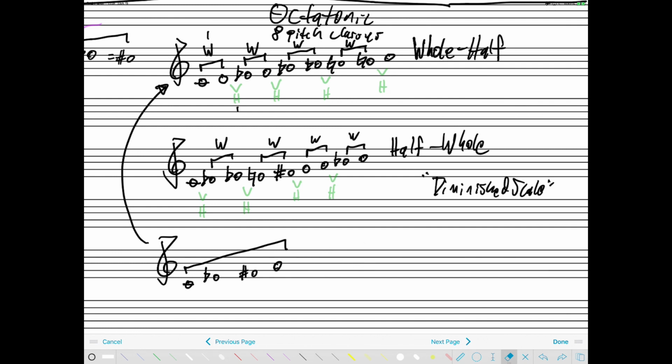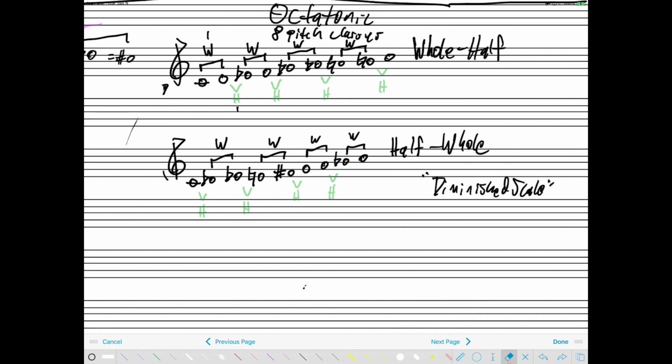Likewise, if I had this diminished seventh chord and went back and forth between them, then I'd have this scale here. So that's why sometimes you'll hear it referred to in that context of a diminished scale.